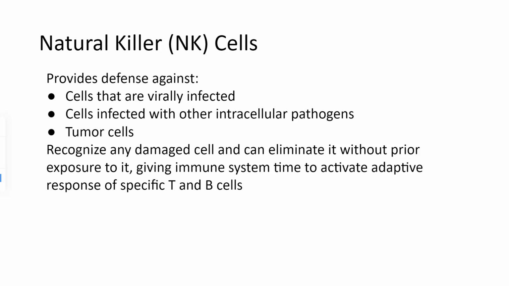Or if you have a tumor cell, that cell is going to look really weird because it's made super fast and it's going to look unstable and weird shaped. Natural killer cells are going to recognize that, and they can eliminate it without prior exposure to it. That gives the immune system time to activate the adaptive immune response of specific T and B cells.